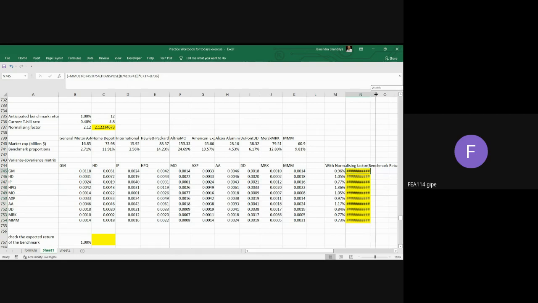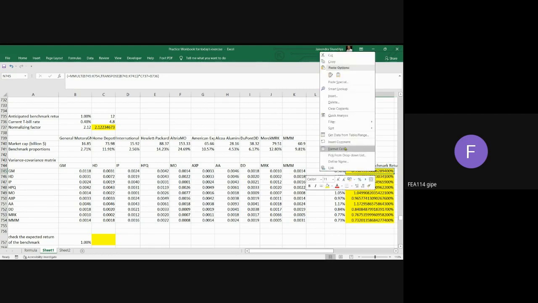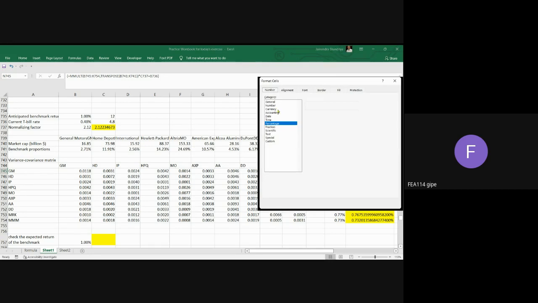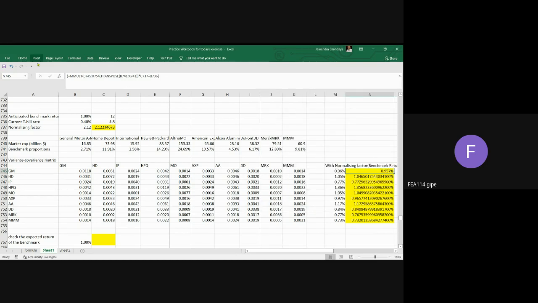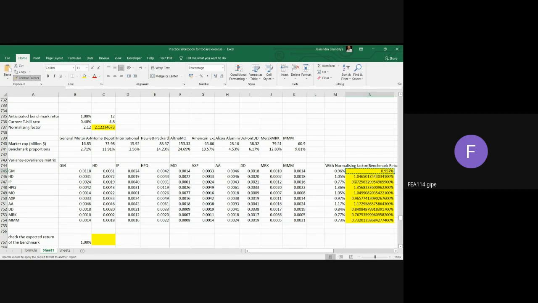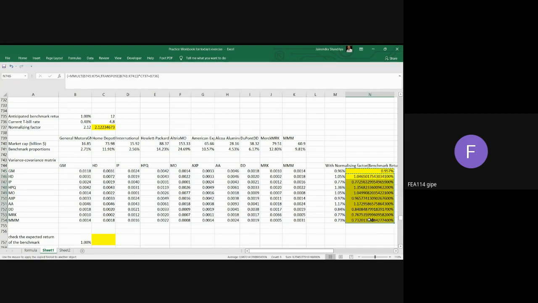Why is it in so many digits? Yeah. So now I'll change the format of this particular cell to percentage, and this is going to show many decimals, so I will keep 3 decimals. And then I'll copy this format and apply it to the whole.